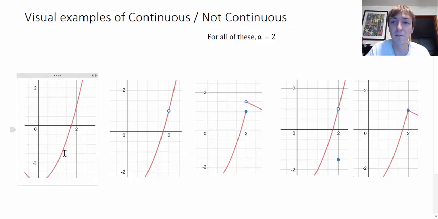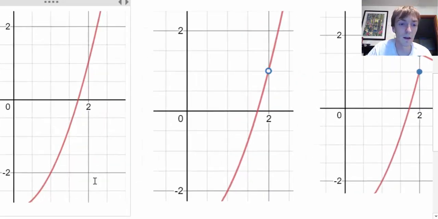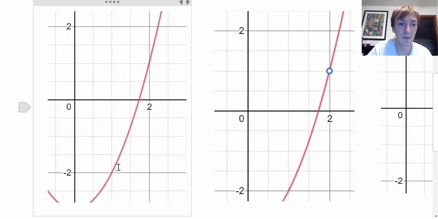I'm going to zoom in here so that we can see this, and I'm going to start over on the left. Over on the left, I have basically just taken a parabola, and remember a equals 2. I'm looking at this point and seeing that there's a point here, so f of that value exists.